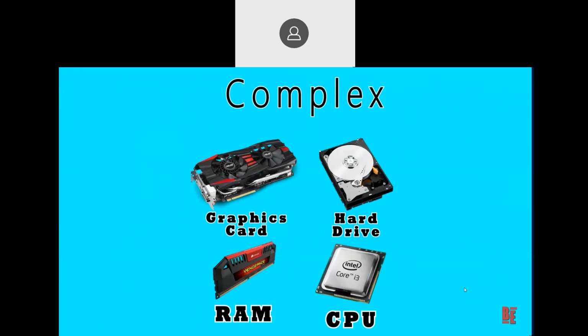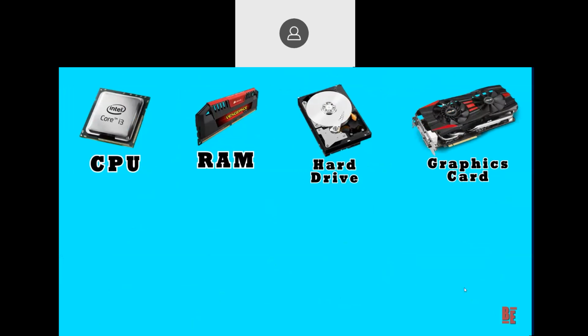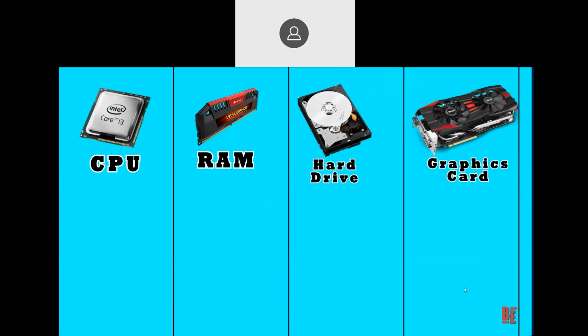Now let's move on to the more complex parts, the ones that deal with data. The four main components to keep in mind here are CPU, RAM, hard drive, and graphics card. First things first, I'm going to establish some terminology. Keep in mind that CPU is also known as the Central Processing Unit, or processor. These terms all refer to the same thing. They're completely interchangeable.